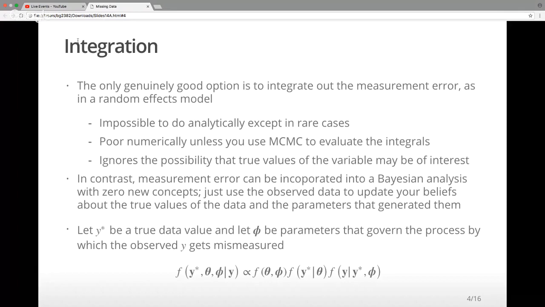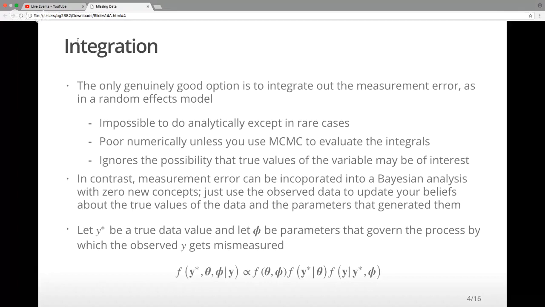It just slides right in. So, with the frequentist thing, basically very slim to none in terms of good options. With the Bayesian thing, at least conceptually, there's nothing new.